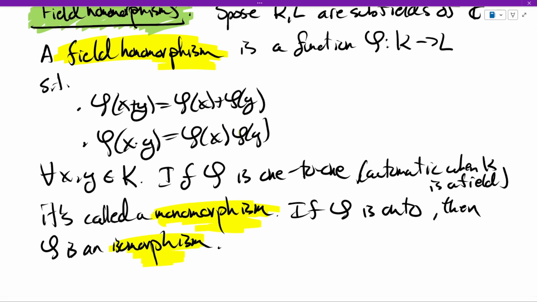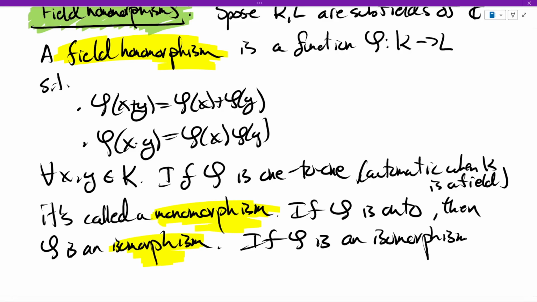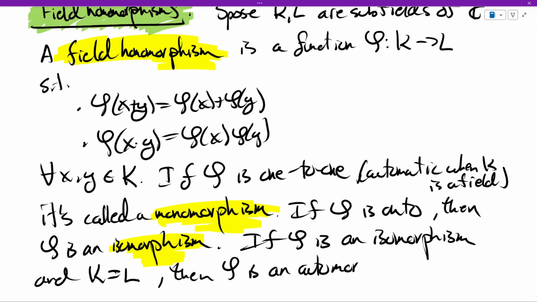So in addition to those, if phi is an isomorphism and K equals L, so the domain and codomain are the same, then phi is called an automorphism. So a self-isomorphism, an isomorphism to the self.